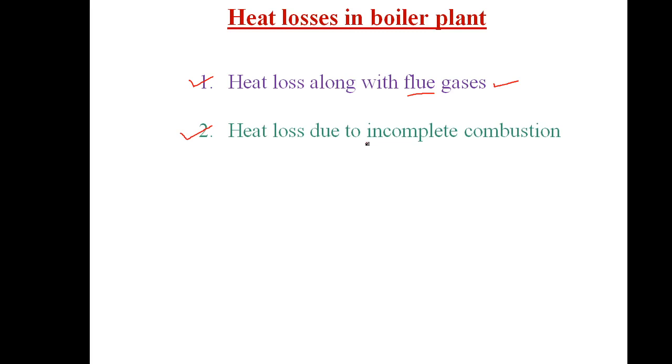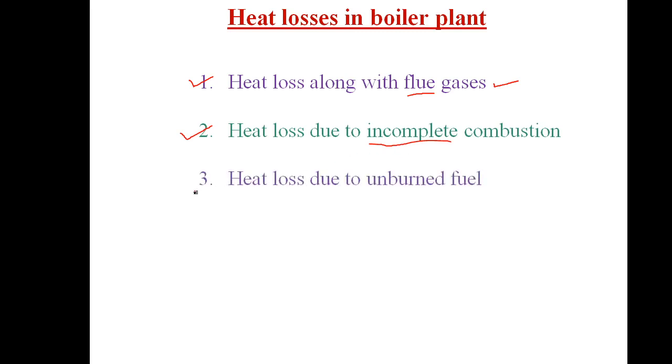That is nothing but heat lost because of incomplete combustion of fuel. If there is a deficiency of oxygen in the combustion chamber, then fuel is burned incompletely, and the heat energy which we were supposed to get by the combustion of fuel, we may not get. Therefore we call that a heat loss due to incomplete combustion of fuel.